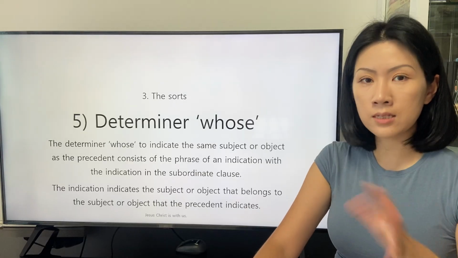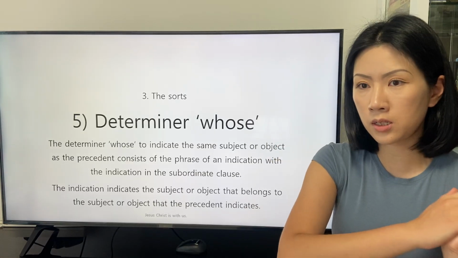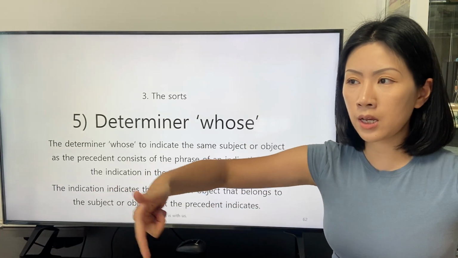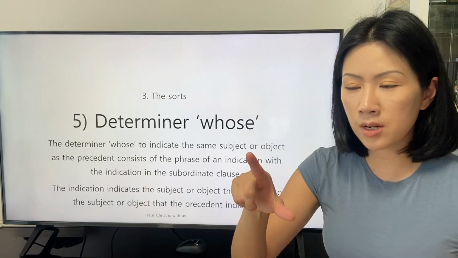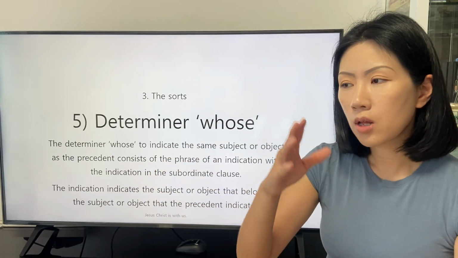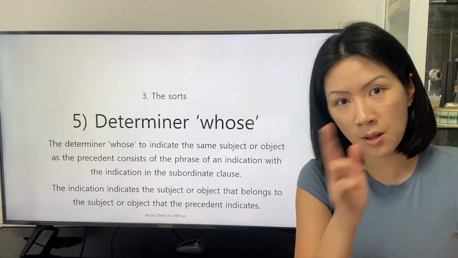The man is the precedent in the main clause, and the speaker links the two clauses by revealing who the precedent has, who belongs to the precedent in the main clause.